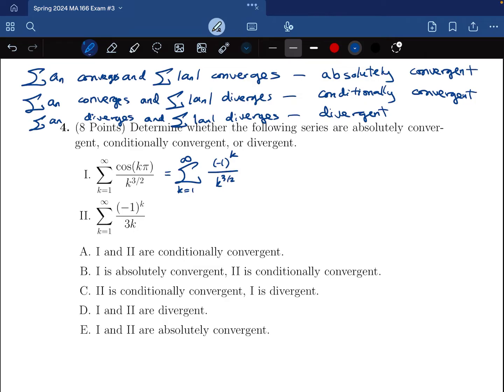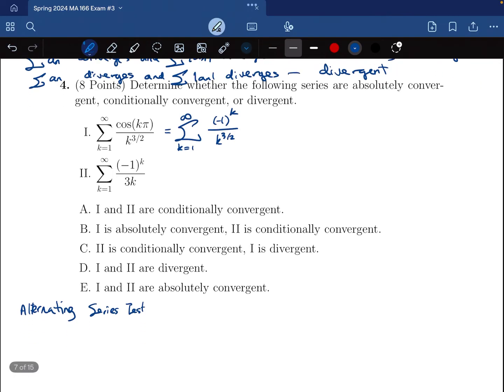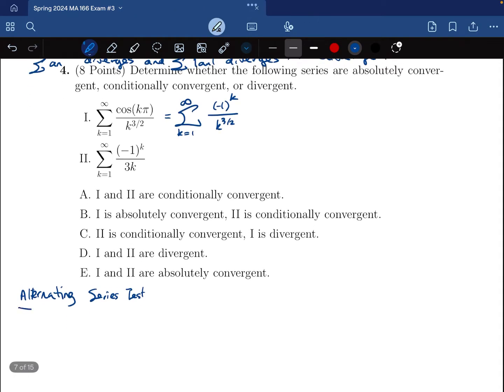Okay, so let's start off by determining whether this series is conditionally convergent. Since we have an alternating series, we can use the alternating series test, which states that in order for an alternating series to be convergent, we need two conditions to be true.